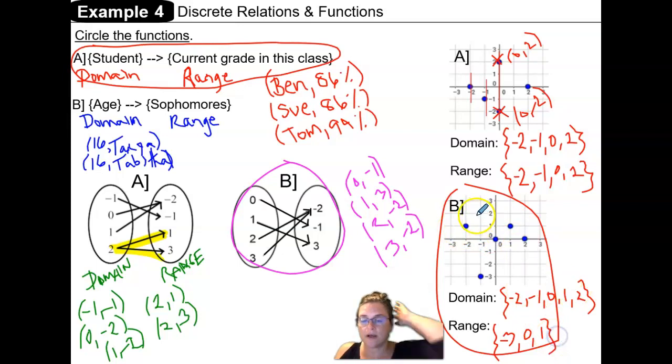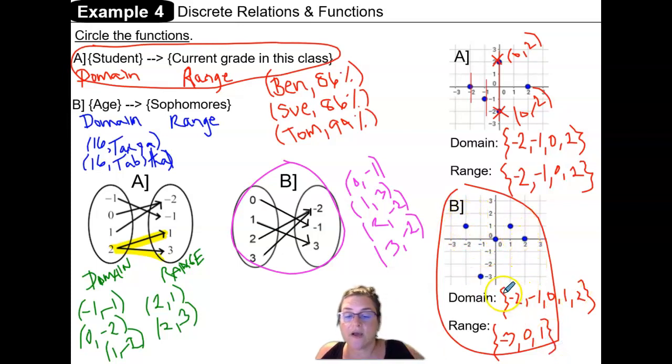So in this function, because remember it passed the vertical line test, domain of the set of numbers -2, -1, 0, 1, and 2, but the range only has 3 elements, the set -3, 0, and 1. Okay, so hope that helps, and I think that's the last page in our notes booklet, example 4 for domain and range of discrete relations and functions.